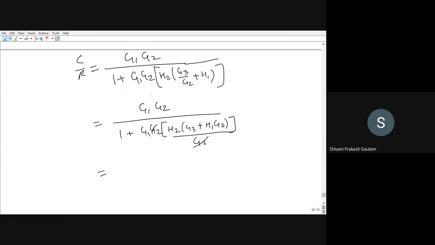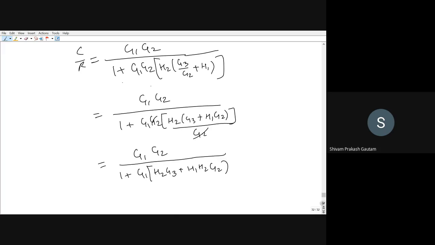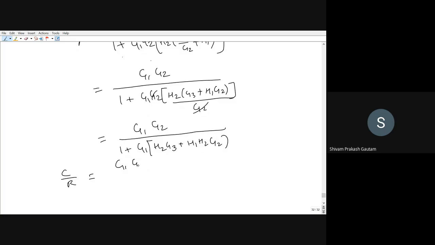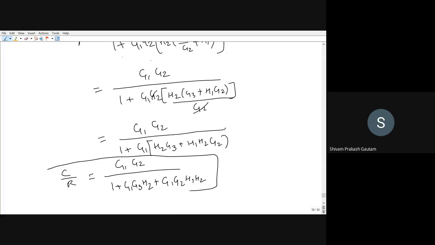Further solving it, this will be G1 G2 whole divided by 1 plus G1 H2 into G3 plus H1 into H2 into G2. Further open the bracket. You have to find the final transfer function: G1 G2 whole divided by 1 plus G1 G3 into H2 plus G1 G2 into H1 H2. So this is our transfer function.